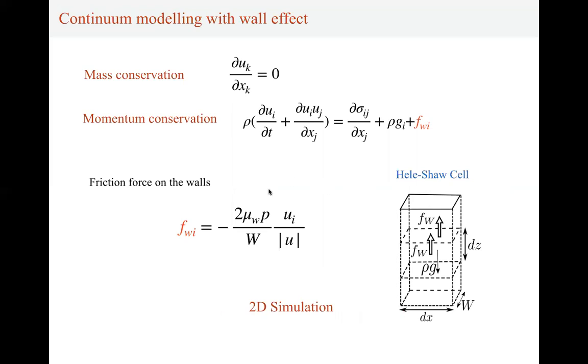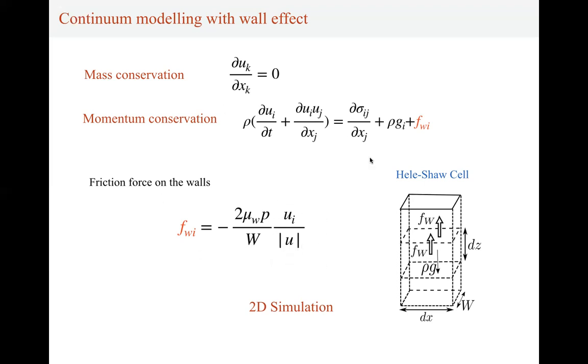The friction on the front and rear walls we write as a volumic force, which is integrated in the thickness. That means it is divided by the thickness of the silo, and this force is a friction force. So it is proportional to the coefficient of friction and the pressure, and it depends on the orientation of the flow.